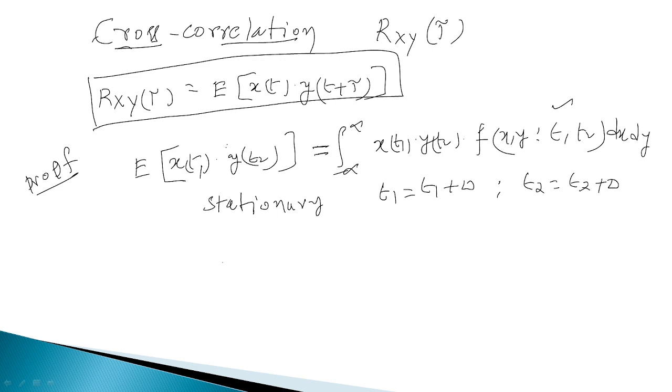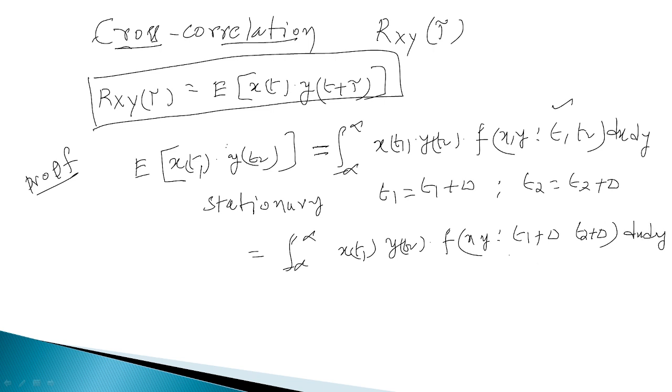Substitute in the above equation: minus infinity to plus infinity of x of t1 and y of t2 f of x, y, t1 plus delta, t2 plus delta, dx and dy.